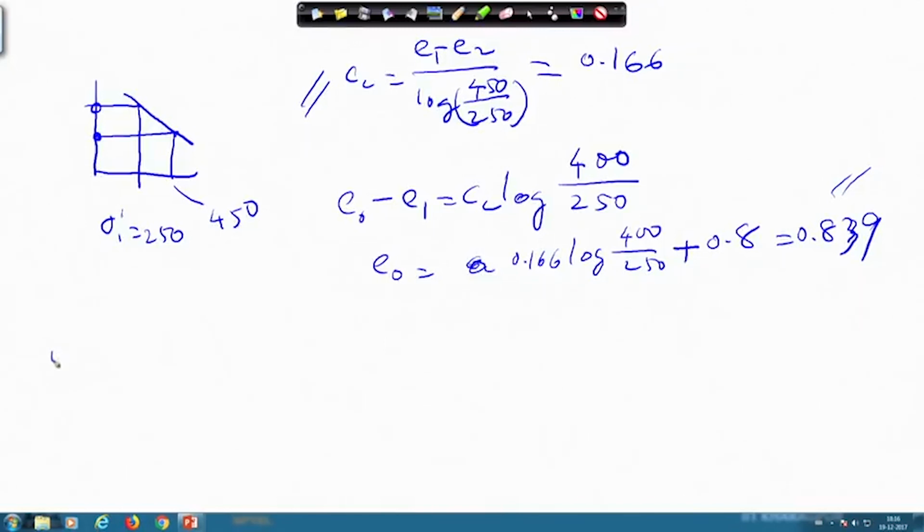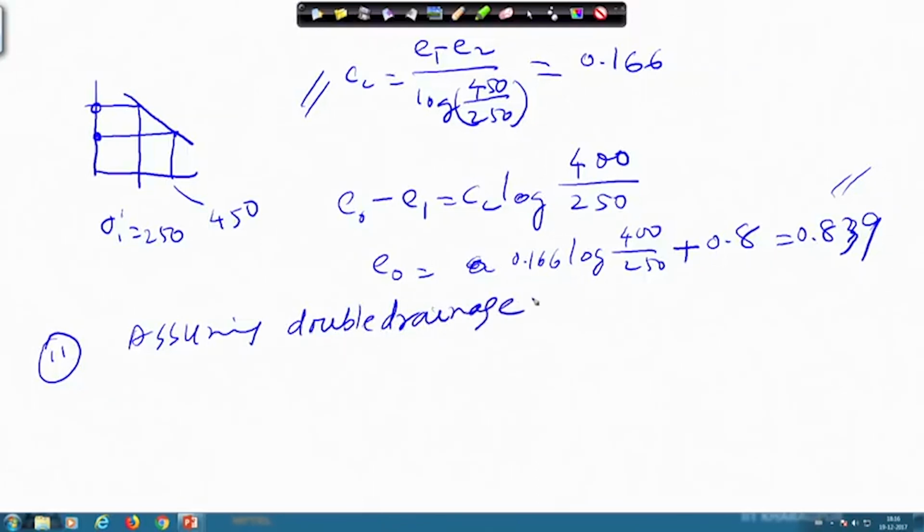Next is the second part. The second part is assuming double drainage. It is not mentioned, so always assume double drainage, and you can say H equal to 3 meter, 3 by 2, that means double drainage, so it will be 1.5 meter.